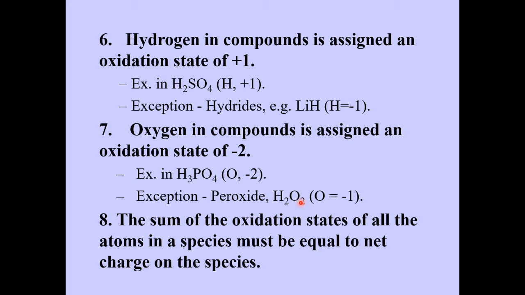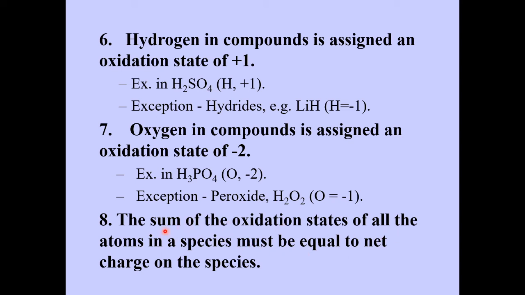All right, and the last rule is kind of a big rule because it pretty much takes care of the rest of the periodic table, which there is a lot more, right? We've barely covered any of it. Well, those are the rules we know, and Rule 8 kind of lets us figure out what oxidation numbers are for every other element. Simply saying it's the sum of the oxidation states.